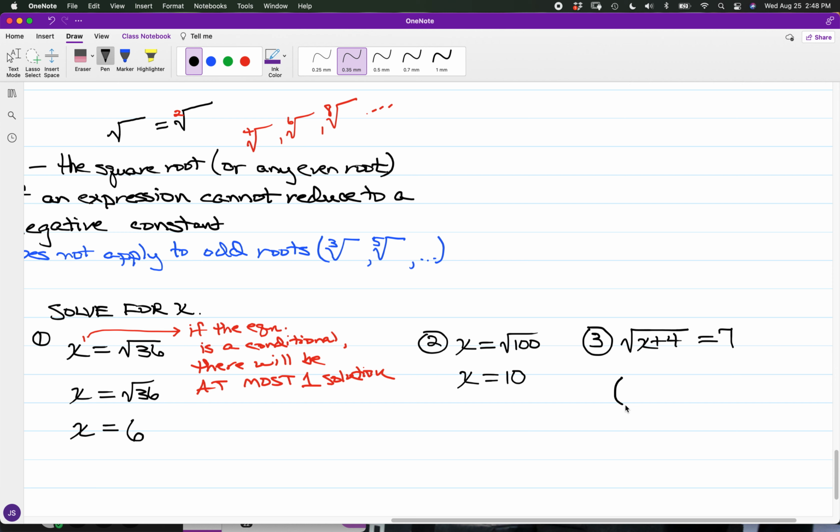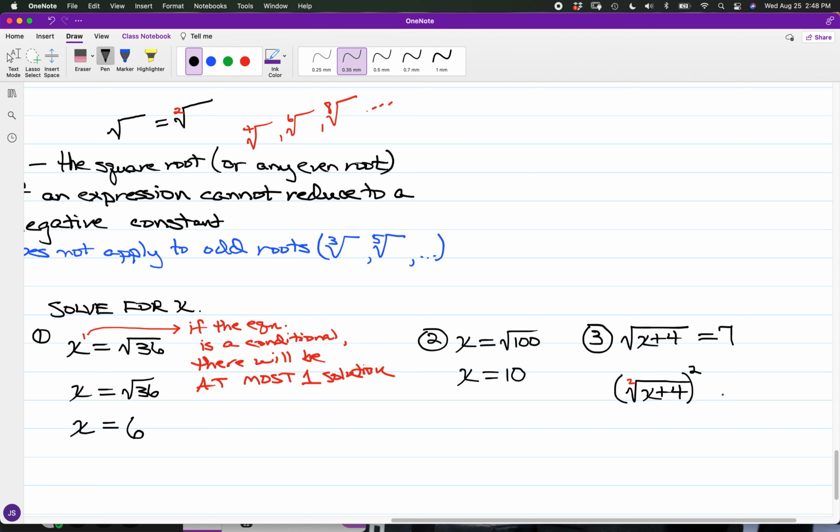And so taking care of the radical, I can eliminate square roots, again, by squaring. In this case, we'll square both sides of the equation.